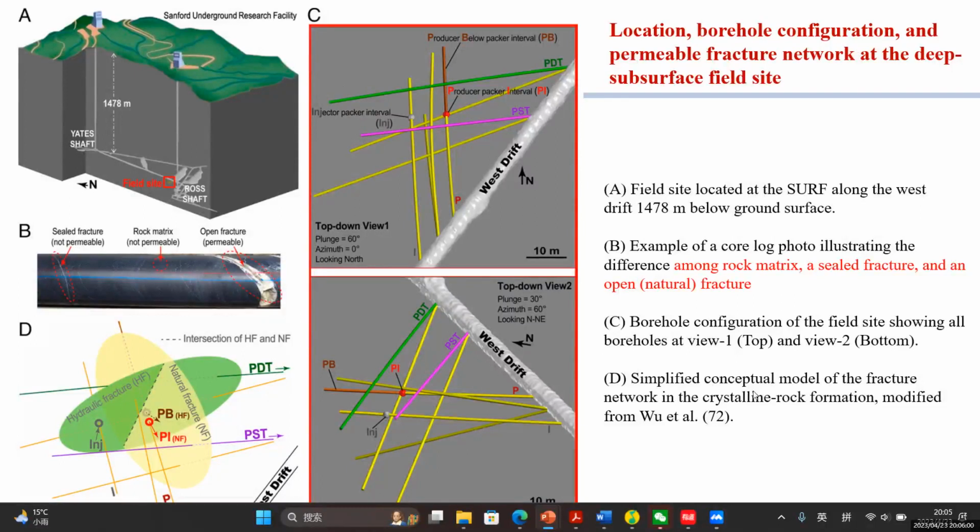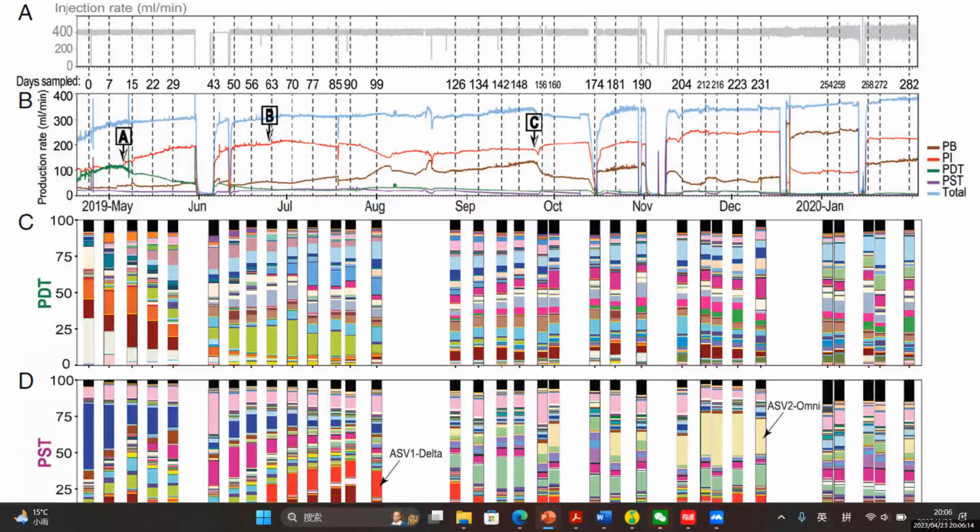And figure 1D is a simplified model of a fracture network. So it's a simplified one. Just give readers a sense. And this is the results figures.